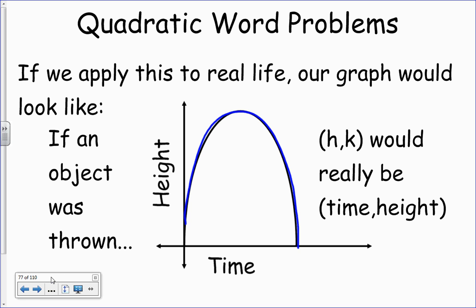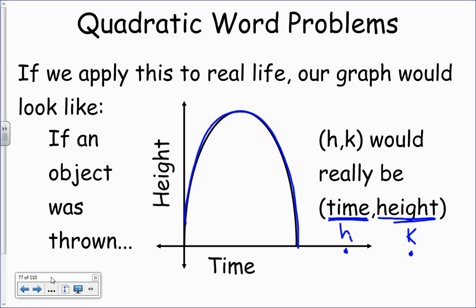It wouldn't go down and come back up. All right, so this is what it's going to look like if it's thrown. H and K would really be time, comma, height. So look at this. Time right here is in the place where h is, and height is in the place where k is.